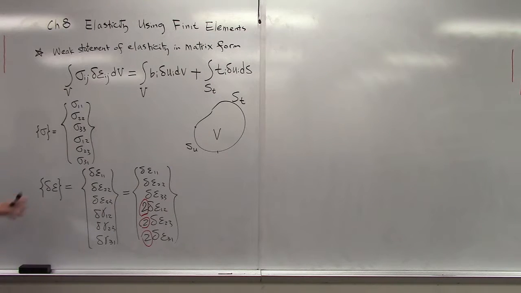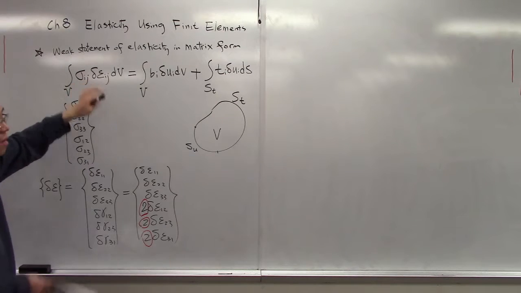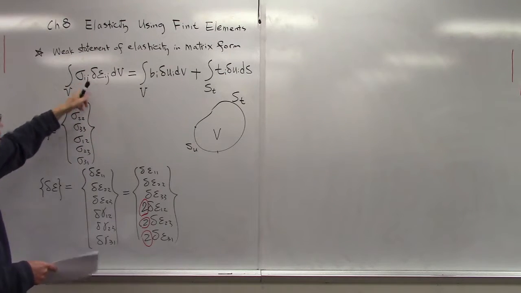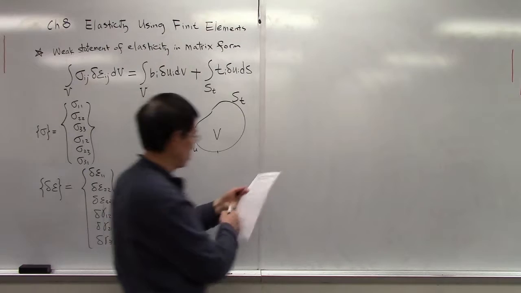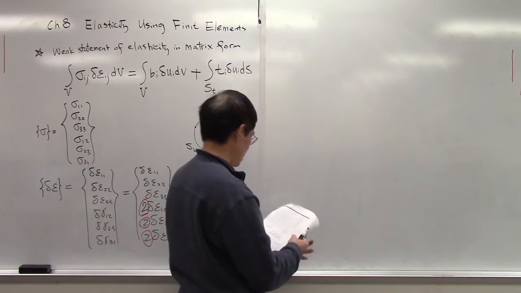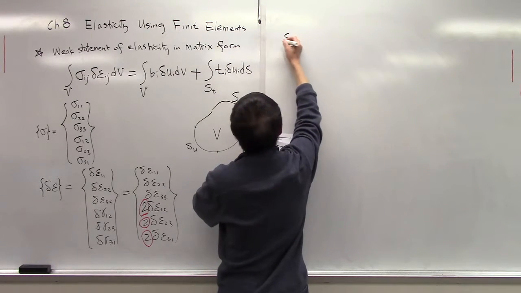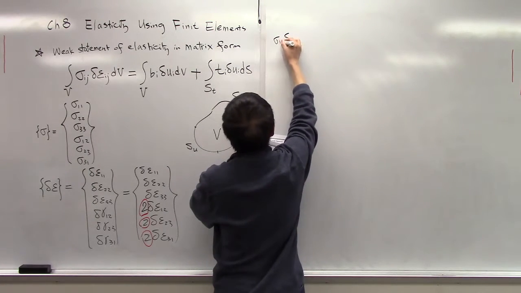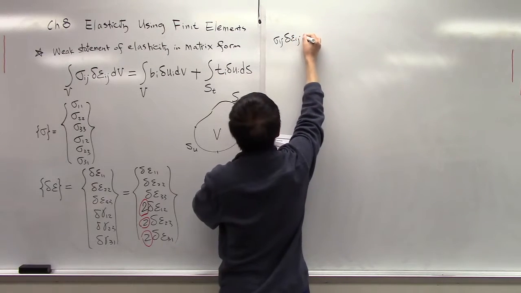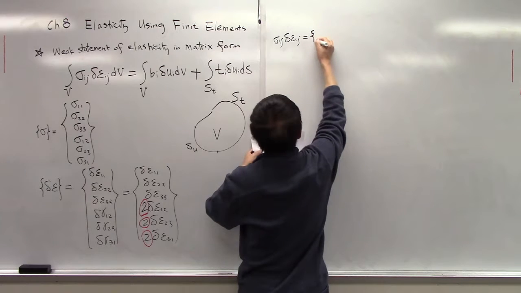Why do we do that? Why is there a factor of 1 here, but a factor of 2 here? That's because if you look at this expression, sigma ij delta epsilon ij, when you write it out in full, it will be like this.